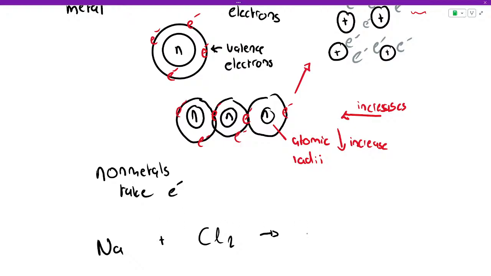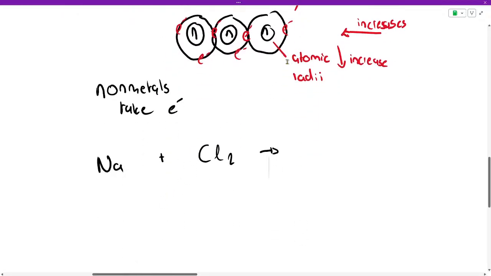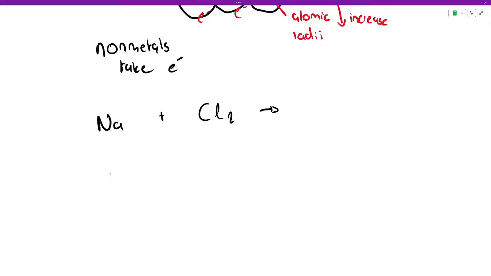Now if we want to look at how they bond: because Na is in group one, it only has one valence electron. Chlorine, on the other hand, has seven valence electrons. Would you rather lose seven for chlorine, or gain one?